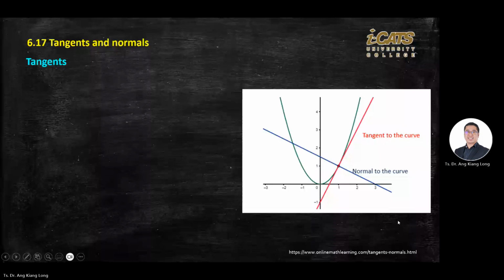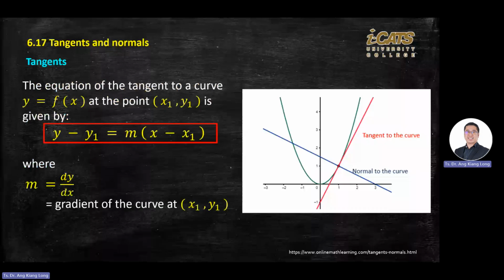Tangent. How to find tangent? It just means if you already find a tangent line, how do you draw the blue line? Do you still remember what you learned in your SPM, or forget already?